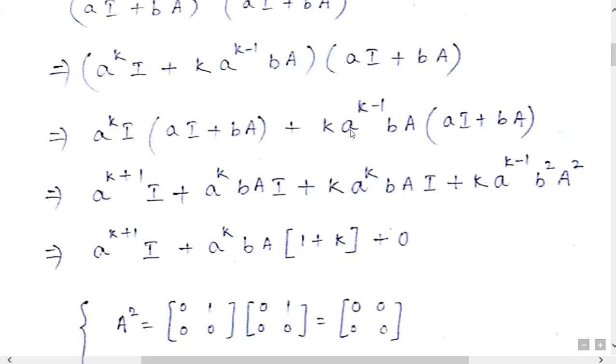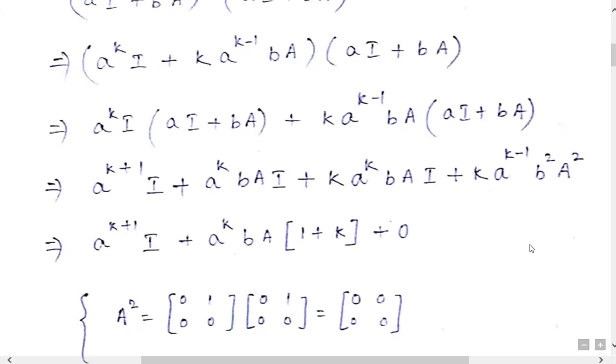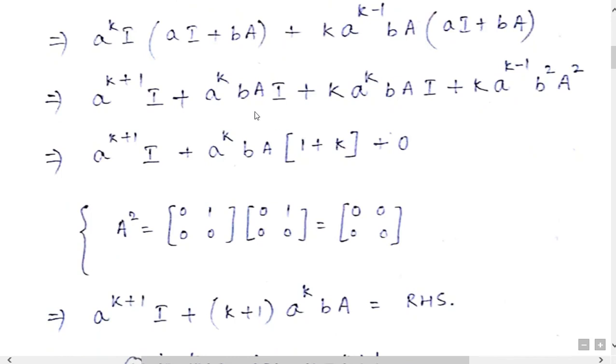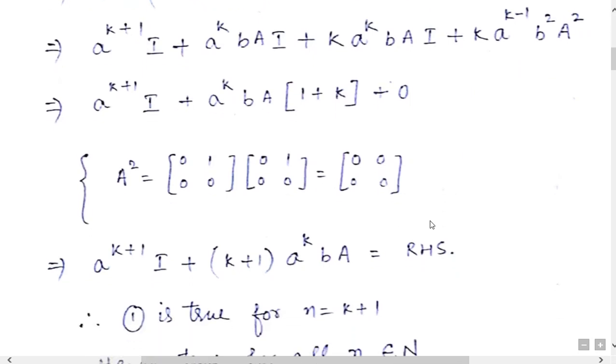Then k a raised to power k minus 1 b square A square. Select common a raised to power k bA from these terms. Inside you can write 1 plus k, and the last term is 0 because A square is equal to 0. When you calculate the value of A square, the answer is 0.